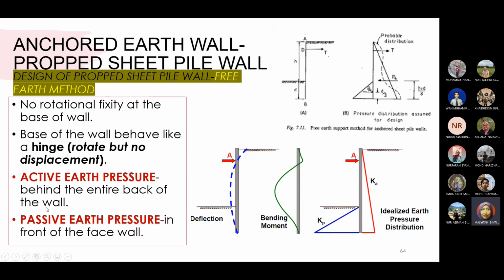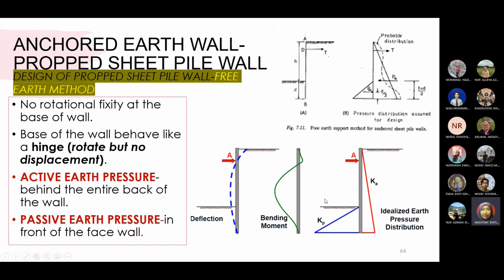So the active earth pressure behind the entire back of the wall. So mana back of wall? This is the region of the back of wall. So this is we call as the active pressure yang color merah ni. Kalau color biru ni kita panggil dia sebagai passive pressure for excavated soil. So this one is quite common lah.